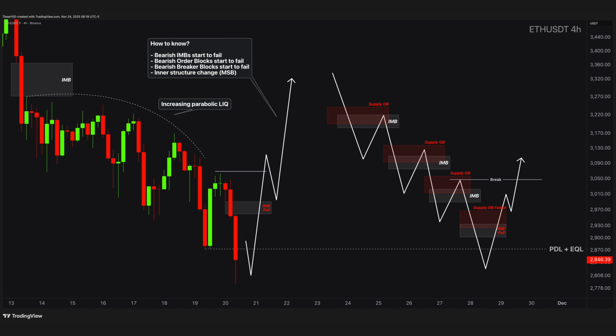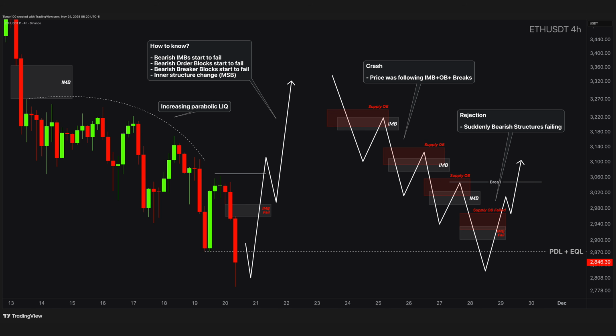It might be buyers stepping in and rejecting the price levels, hinting at a possible trend reversal to sweep that parabolic liquidity sitting above. And this is how you should look at these crashing or fast-running markets, and how you can expect a trend flip at any moment.